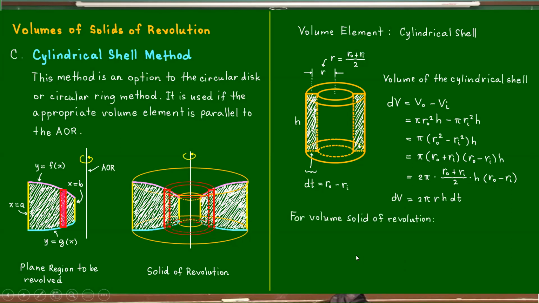For the volume of the solid of revolution formed, the volume is equal to 2 pi times the integral from a to b of rh dt, where a and b are the limits of the original region to be revolved. Here, r is the mean or average radius of the cylindrical shell, h is the height of the cylindrical shell, and dt is the thickness.